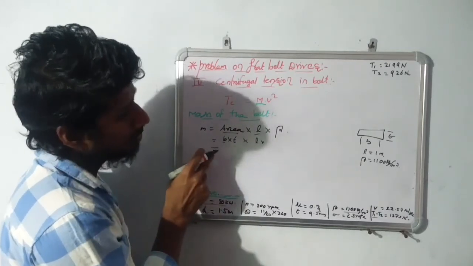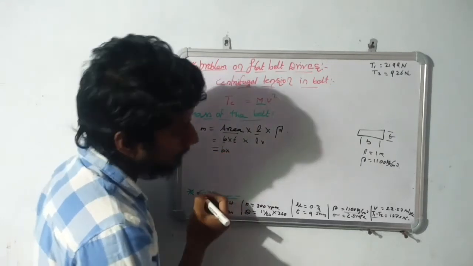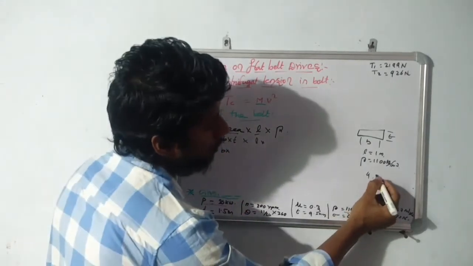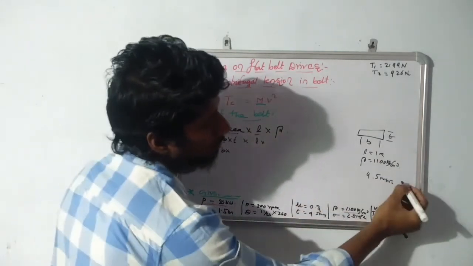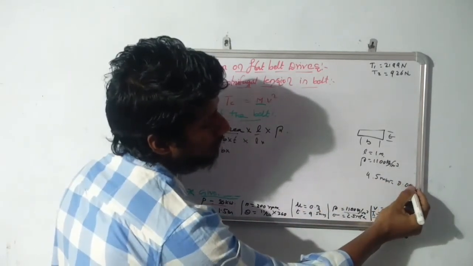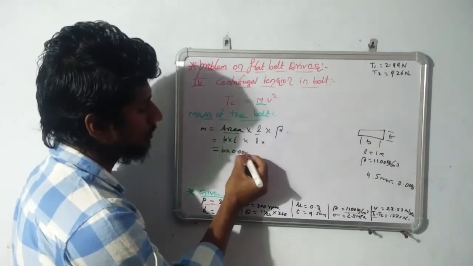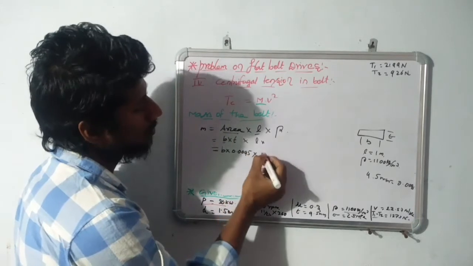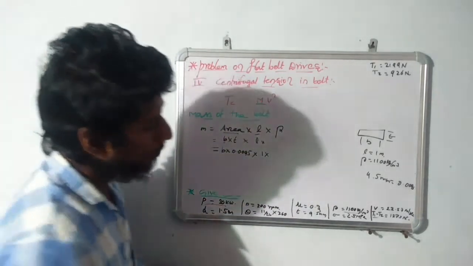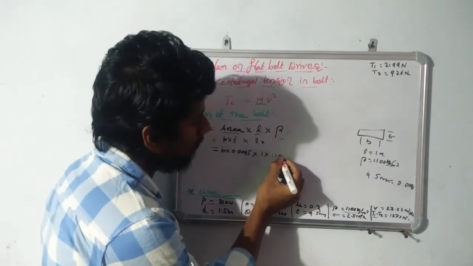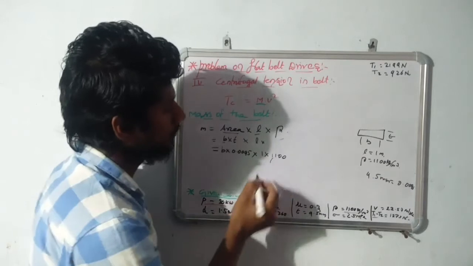But here we don't know the width of the belt, so B. What is the thickness here? Thickness is 9.5 mm, so convert it into meters. We get 0.0095 meters. So 0.0095 into 1 into the density of the material, 1100.